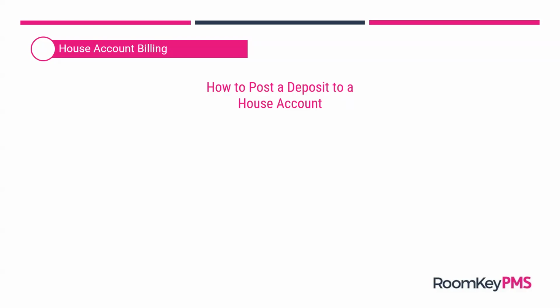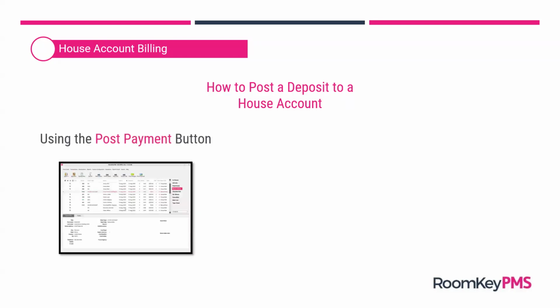So once the account and reservation is created, we can then post advance deposits to those billings. So these are payments in advance of check-in. Next, we'll look at the check-in process and posting charges and payments while the house account is in-house.